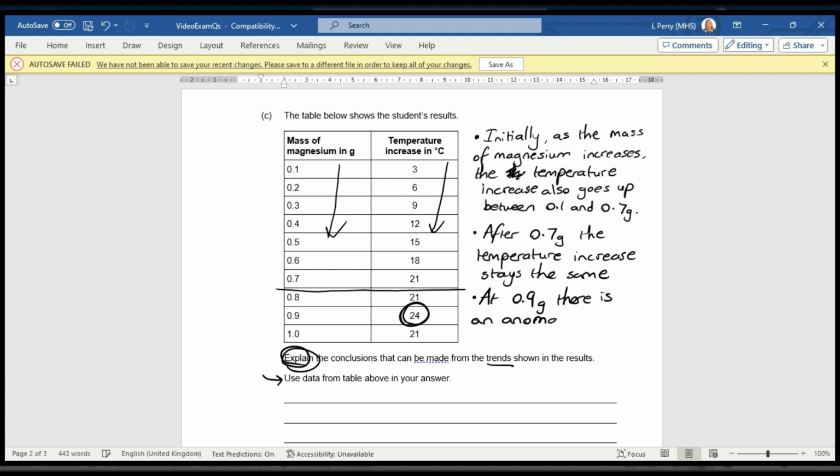So I've noticed it. I'll get credit for that. Which is higher than the results before and after it.